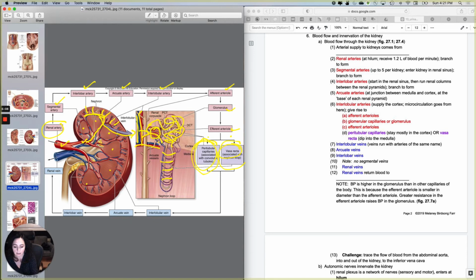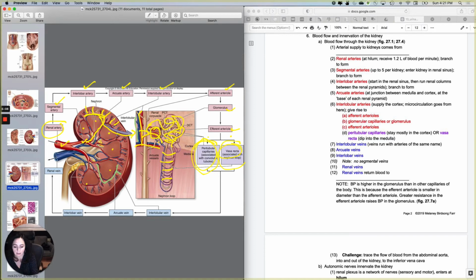Actually, let me change the color because now we are going to be in veins. Let's change it to, we'll just do a green color. So now I'm going to be back in the interlobular vein. But you can see interlobular veins here too, right? That's an interlobular vein. And then it is going to go to the arcuate vein, right? Then the interlobar vein.